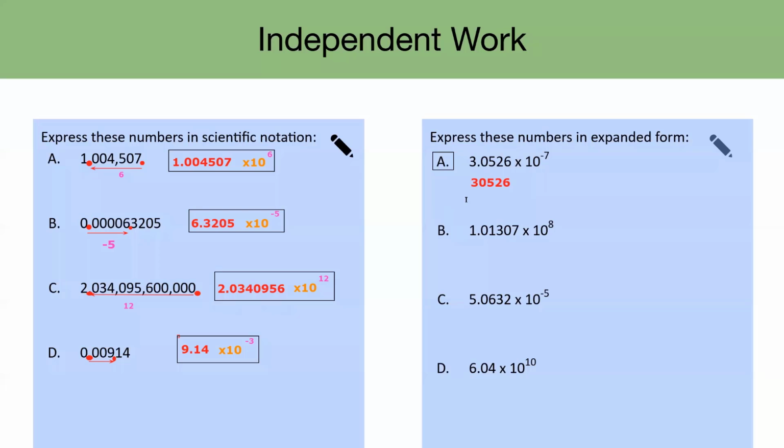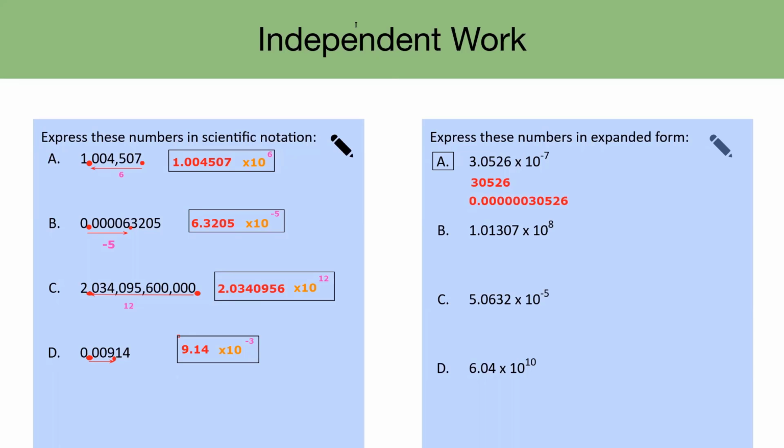So let's do that. 0. How many times am I going to move this? 7 times. So that means I'm going to have 6 zeros before that 3. So 0.1, 2, 3, 4, 5, 6. And then I can write my regular number, which was 30526.